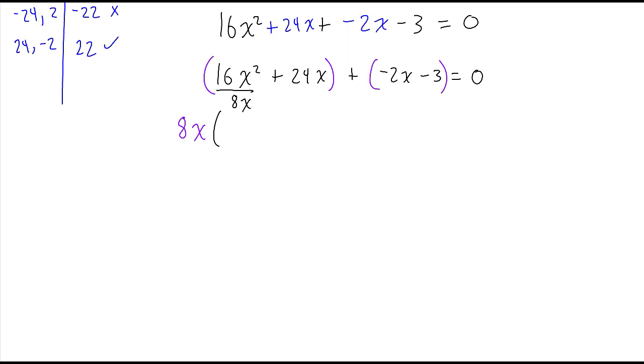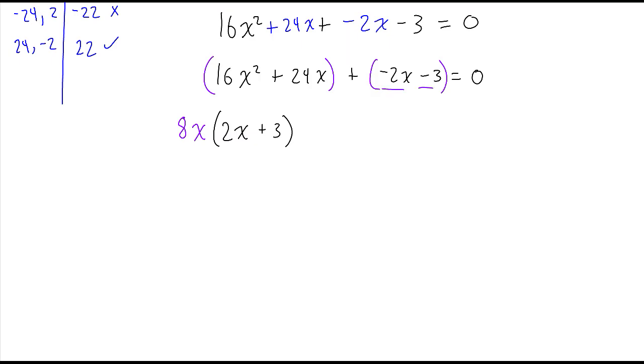So 16 divided by 8 is 2, and x squared divided by x is x. Okay, and now 24x divided by 8x will give me positive 3.